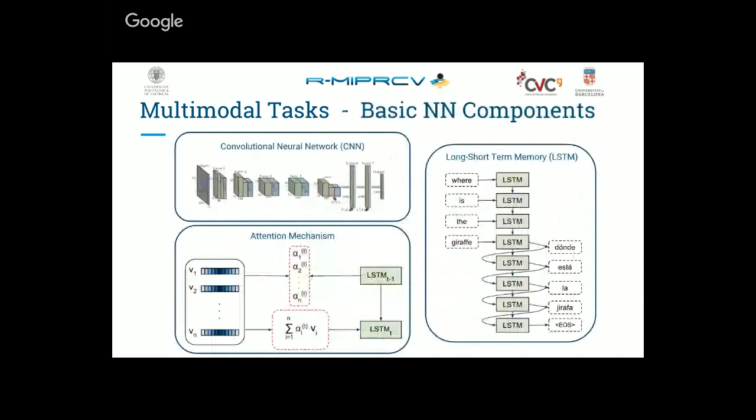So these problems have some usual components in common. And here you can see probably the three most common ones used in these kinds of problems. The first one, which you probably know, is the convolutional neural network, used for processing images and extracting information from them.